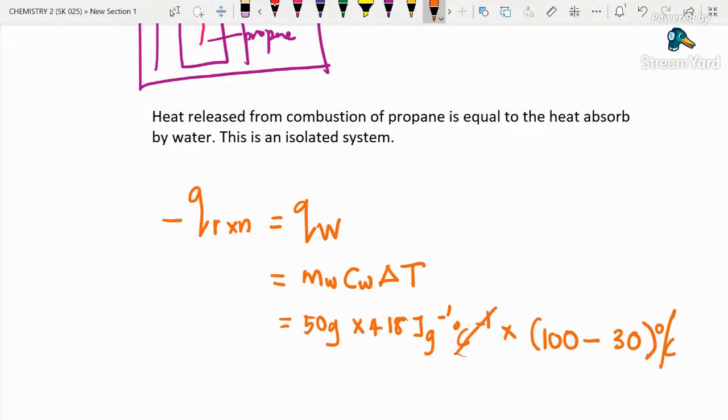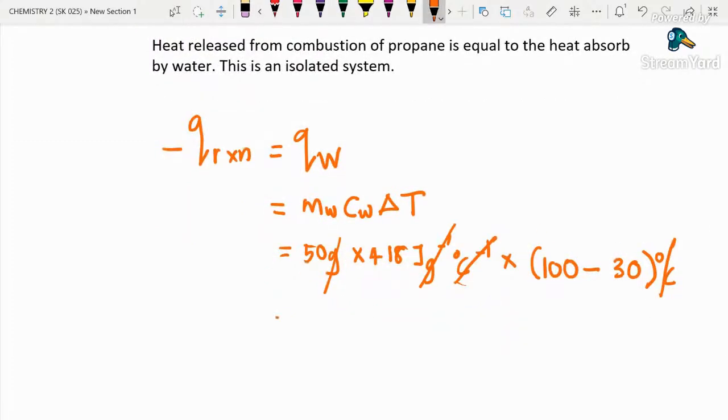So the temperature will cancel off, the mass will cancel off, so that you will get negative 14630 joule.